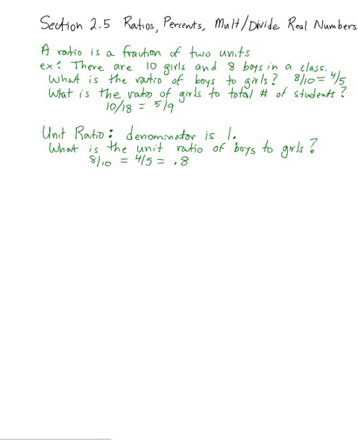Let's do one more. Sometimes your decimal will turn out to be bigger than 1 also. For example, I might ask, what is the unit ratio of girls to boys? This time I would have 18 over 10.